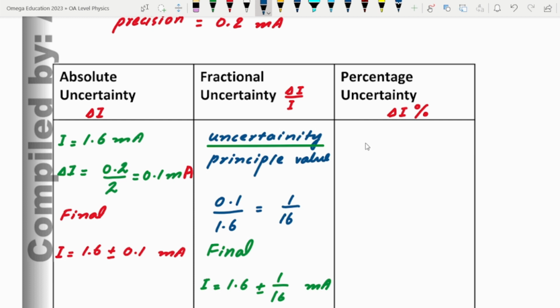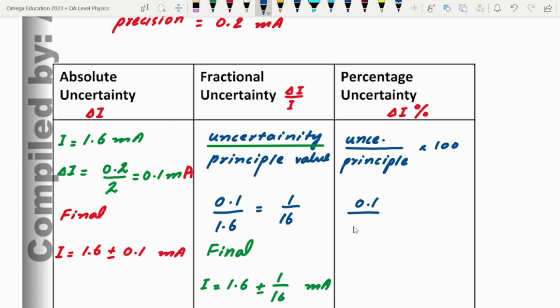In order to find the percentage uncertainty, you simply do the same thing. Uncertainty divided by principal value, multiplied by 100. What was the uncertainty? 0.1. How did we know? We read the least count, we read the precision, it was 0.2, then we divided by 2, we get 0.1.